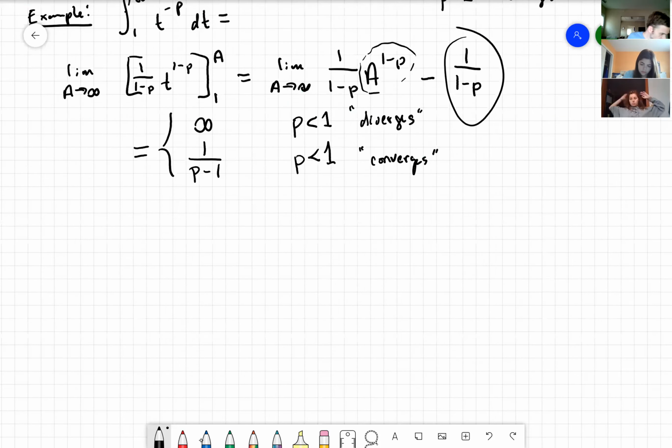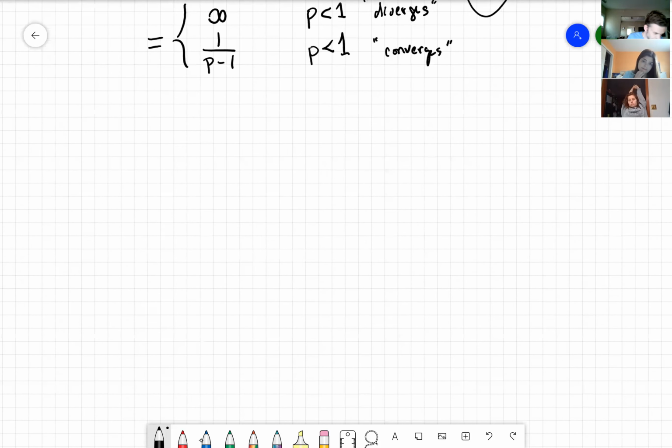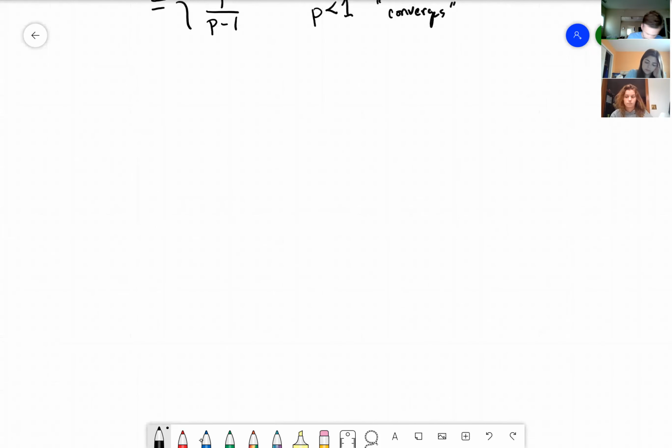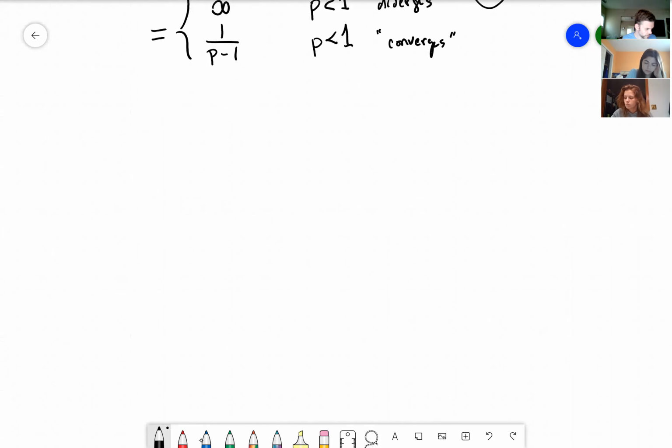Okay, so one of the things that makes the Laplace transform so powerful, well, there's a lot of things that make it really powerful, but one of the most important is that it allows us to deal with driving forces that are not continuous functions.